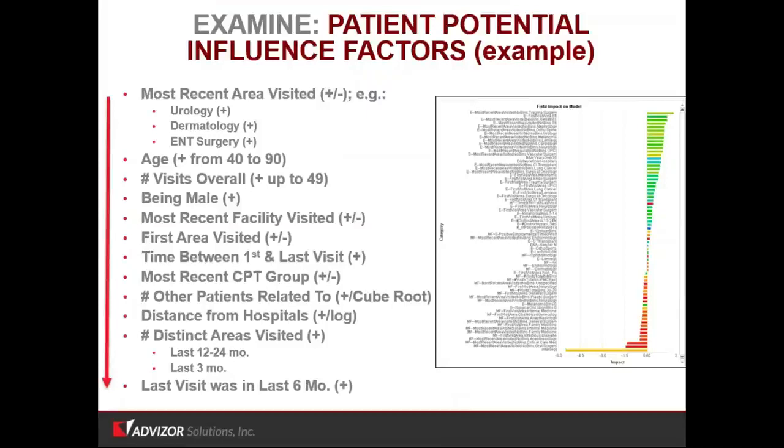Are the models built into the software, or are they custom for each organization? No, they're custom for each organization. They have to be. The reason is some of these influences, like the areas visited: some provider might have a most awesome urology department, and people come in from all over the world. Another might be some tertiary group that's just not a focus, and it's not really that good. So the type of patient that would come and the experience they have would be totally different from one institution to another.